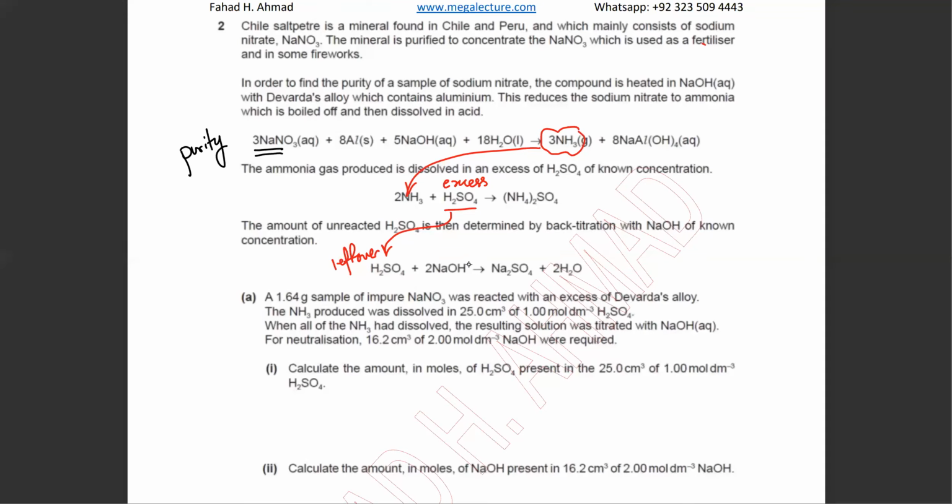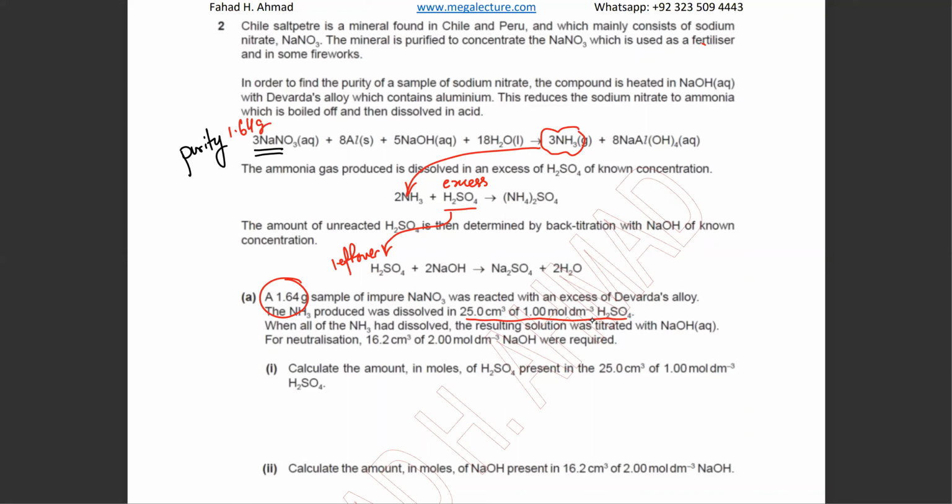So you've got a 1.64 gram sample of sodium nitrate. And remember, it's not pure, so this is not the mass of sodium nitrate. Anyways, it's reacted with an excess of NaOH and Devarda's alloy. The NH3 produced was dissolved in 25 cm3 of 1 mole per dm3 sulfuric acid. So I'll just calculate the moles directly.